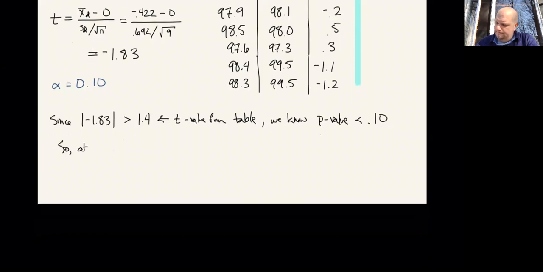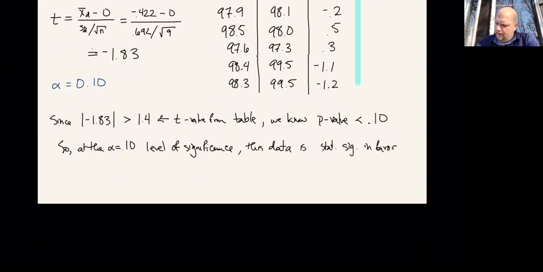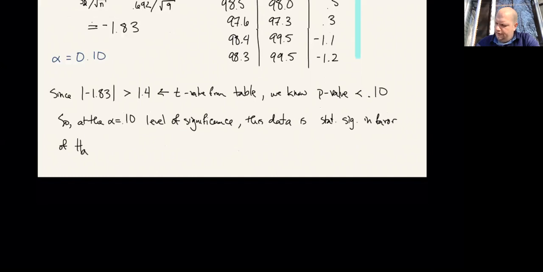So at this level of significance, this data is statistically significant in favor of the alternate hypothesis, namely that body temperature increases during exercise.